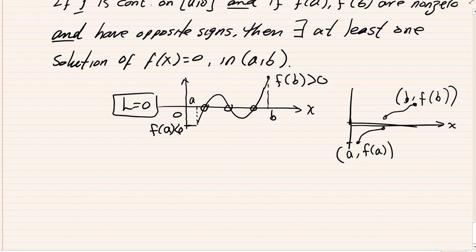This is my x. Now, we're not allowed to do that. The function isn't allowed to do it because here, this is discontinuous. We were told the function must be continuous. That means there are no holes, jumps, or asymptotes in the graph of the function. And there you have it.